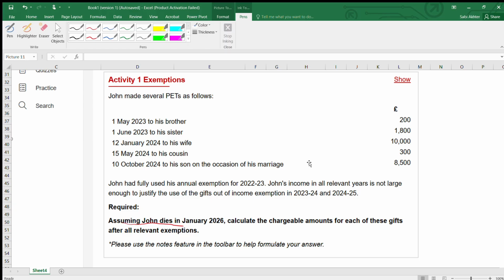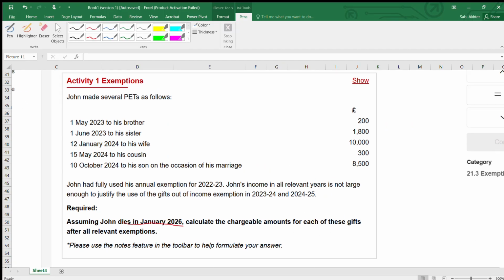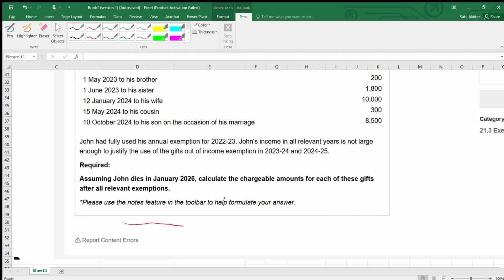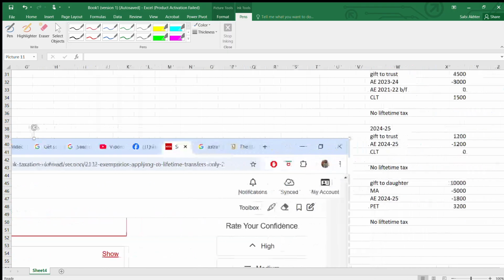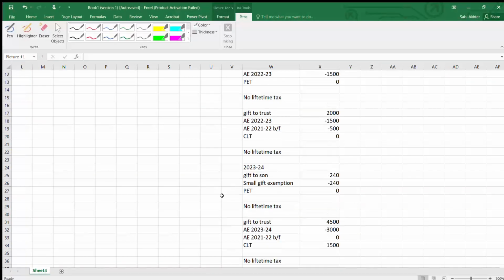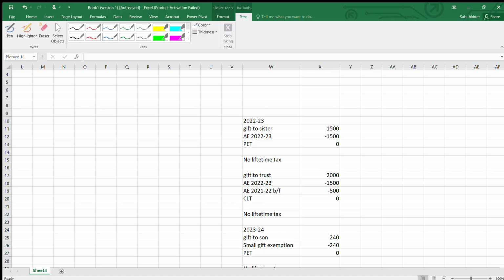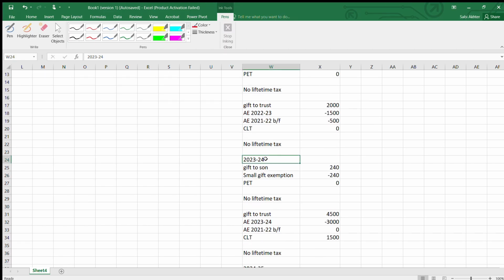So now let us calculate. How we have done for example 2, we will be doing for activity 1. So in the same place, here we are going to put the different tax years. So we have 2023 to 24. The first one.